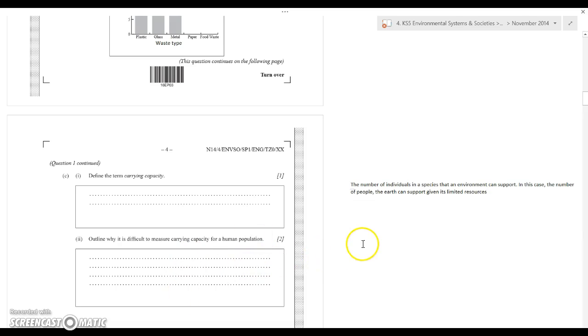Okay, so now they're extending this. Why is it difficult to measure carrying capacity for a human population? Well, first of all, we don't know how many resources are remaining, and therefore how many people the Earth could support.